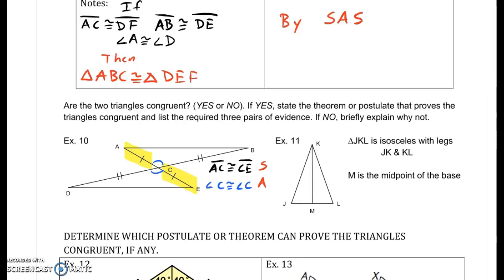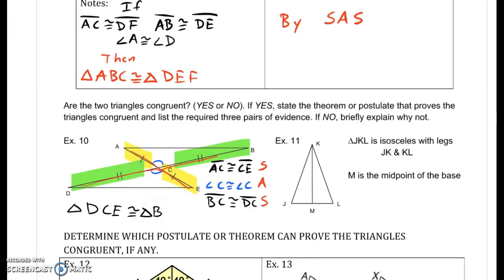And we have this side congruent to this side. Let me rephrase that. That would be BC congruent to DC, and that is also a side. Now keep in mind, it must be side, angle, side for each triangle. So since they're congruent, we can say that triangle DCE is congruent to triangle BCA.